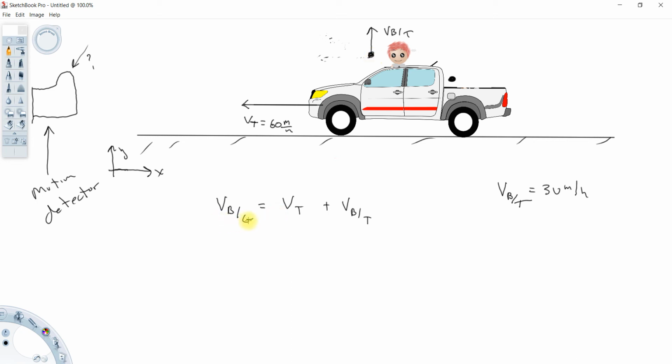Now, this equation that I wrote out is a vector equation. So as far as the detector is concerned, the ball is going to be moving 60 miles per hour to the left and 30 miles per hour upward.